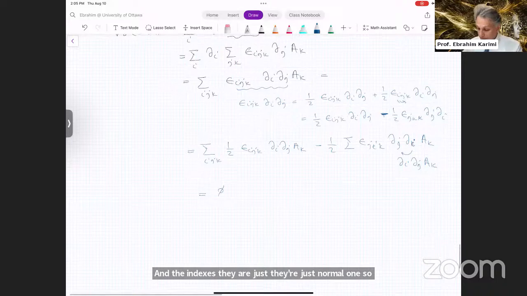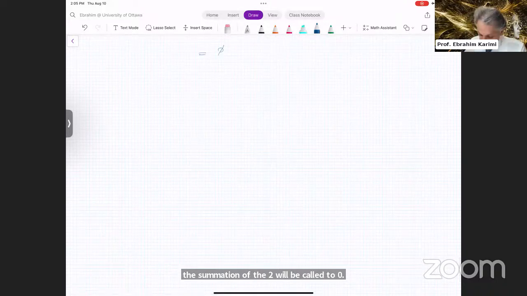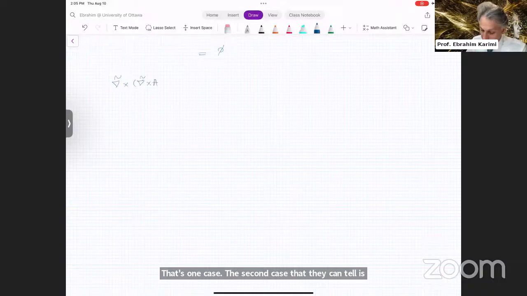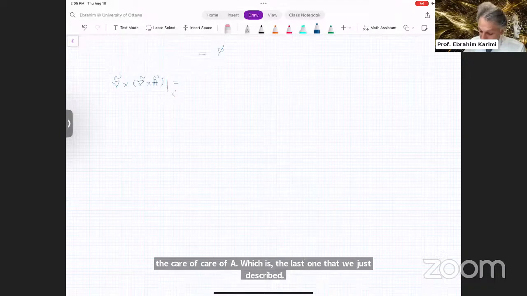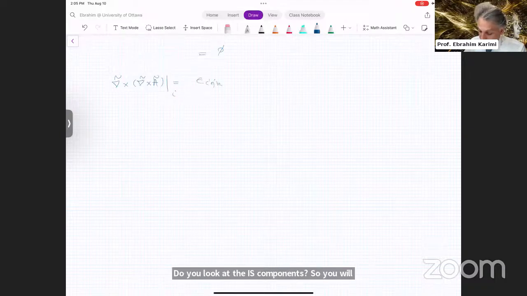That's one case. The second case that I can tell is the curl of A, which is the last one that we just described. Look at the i-th component. So you will get epsilon i j k, the summation on j and k.